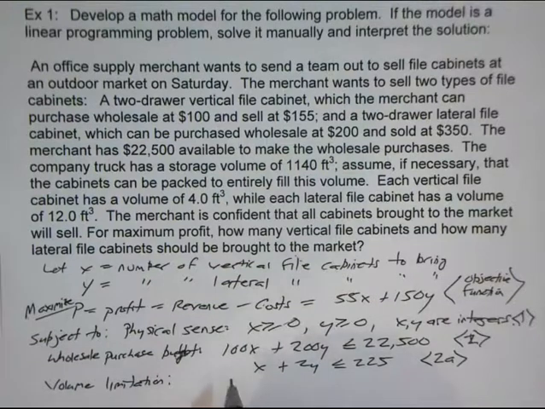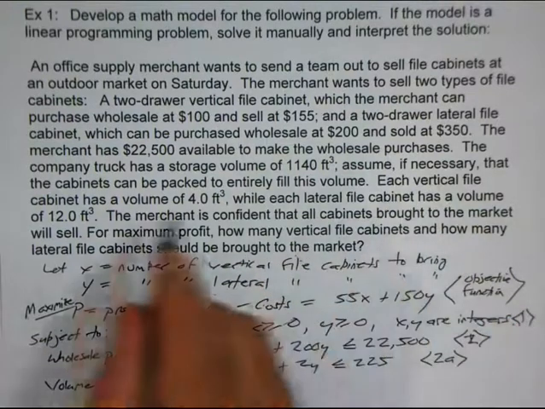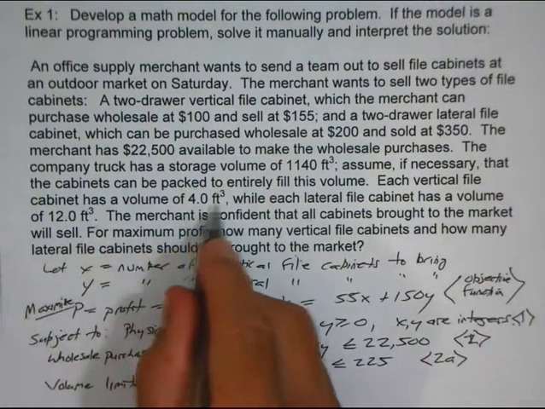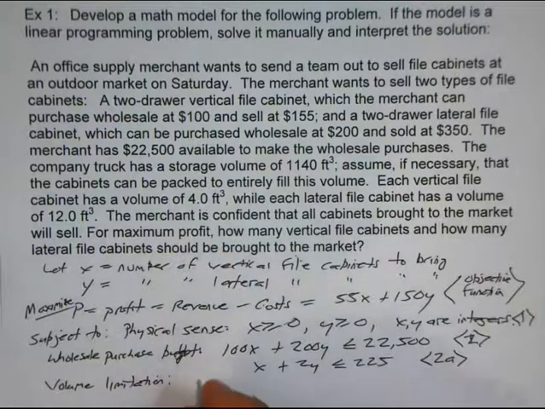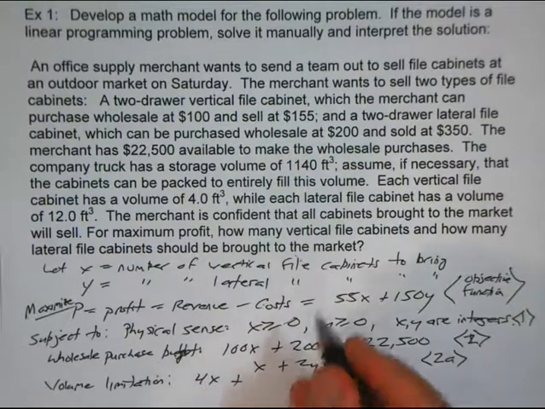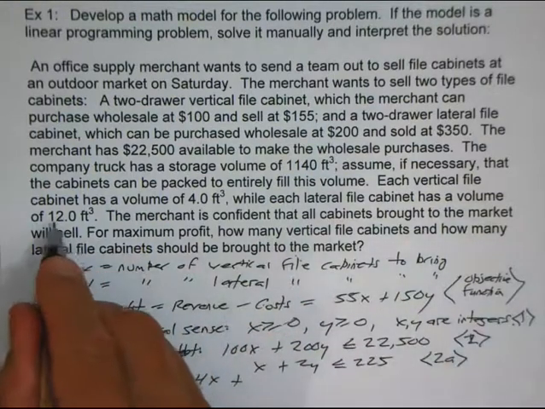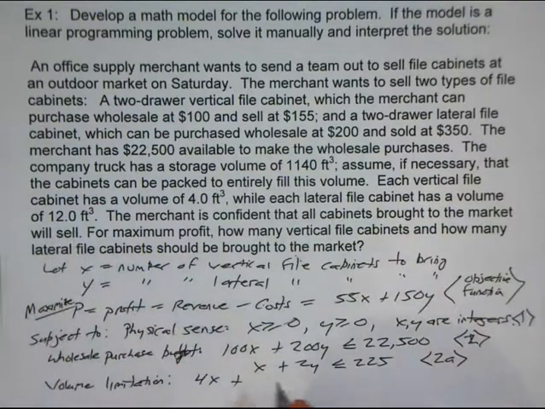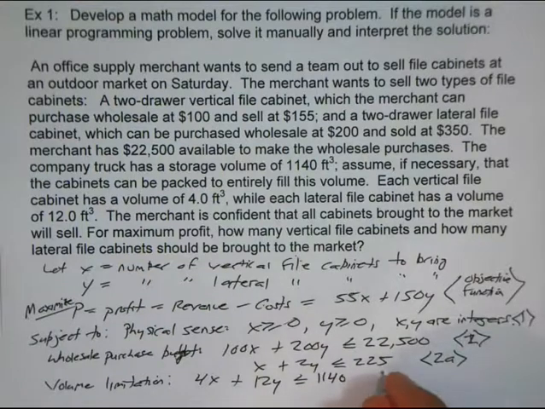Now, we're told that each vertical file cabinet has a volume of 4 cubic feet. If you have x of them, your volume ends up being 4 times x, plus the lateral file cabinet has a volume of 12 cubic feet. If you have y of them, you're going to have 12y of a volume there, and that's got to be less than or equal to 1140.